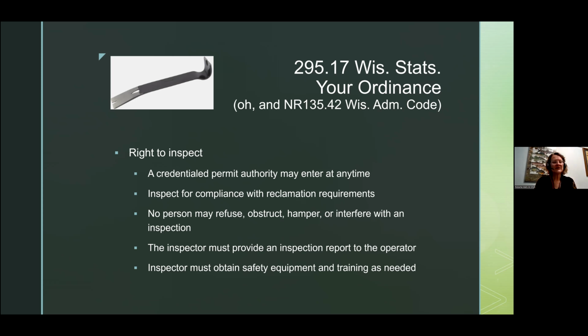So a credentialed person may enter at any time. It is for the purpose of assessing compliance with the reclamation requirements. It also goes on to say that no person can obstruct, refuse, hamper, or interfere with an inspection. And that can take a lot of different forms.